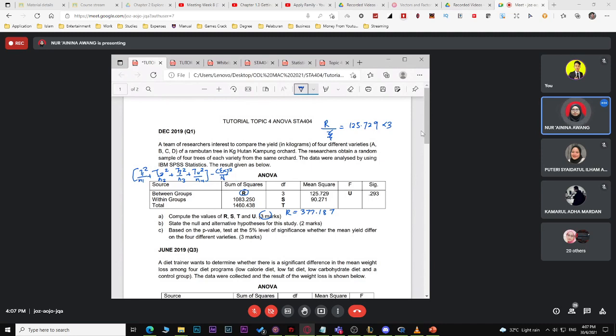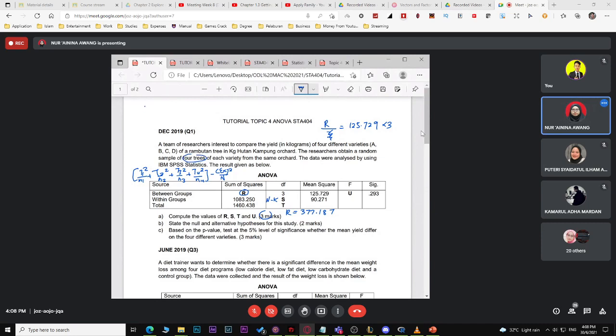And then for S, you know that S is the degree of freedom for within group, for your error. The formula is your number of observations minus K, your number of treatments. In this case, you know there are 4 different varieties of rambutan, and they take 4 trees for each variety.